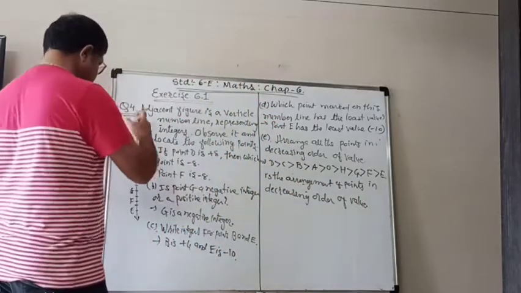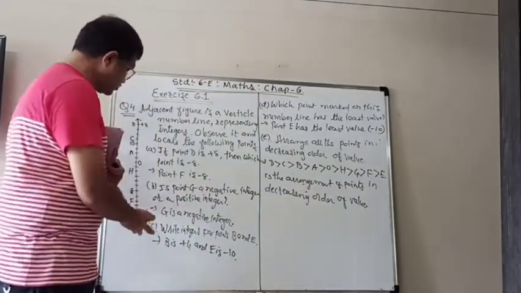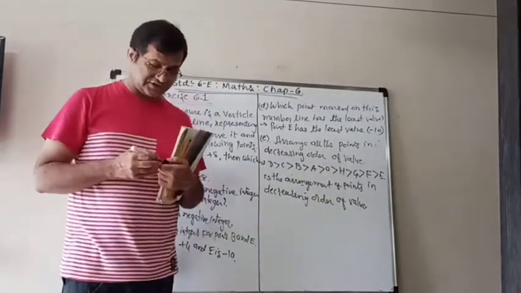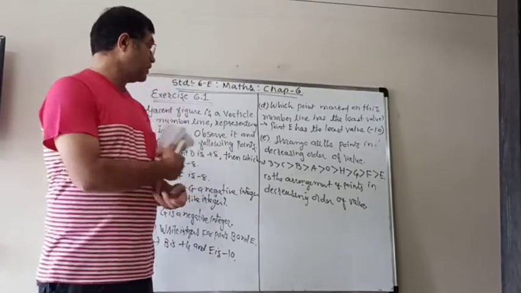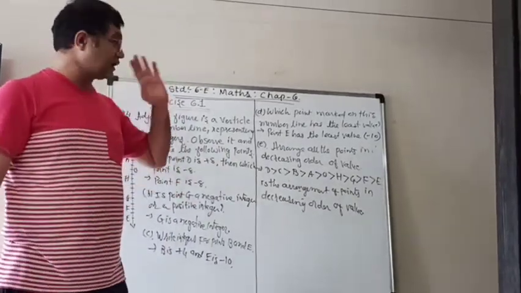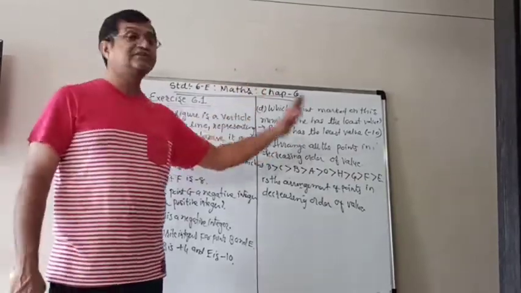So from top it is decreasing. If it is increasing, we have to start from bottom, which is less than, etc. So by the vertical number line, we can give the answers like this.